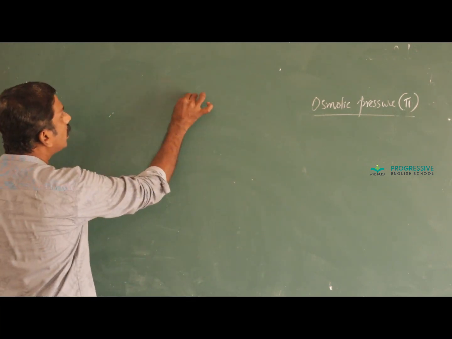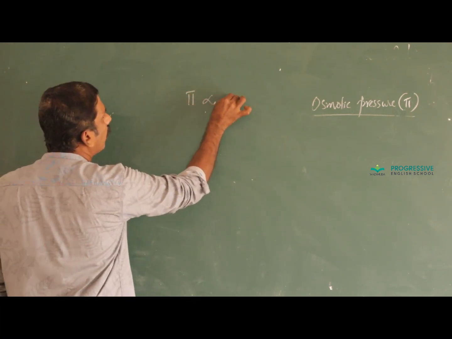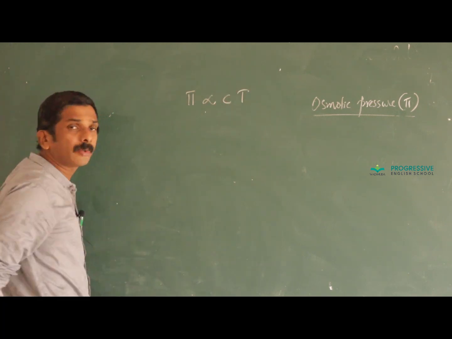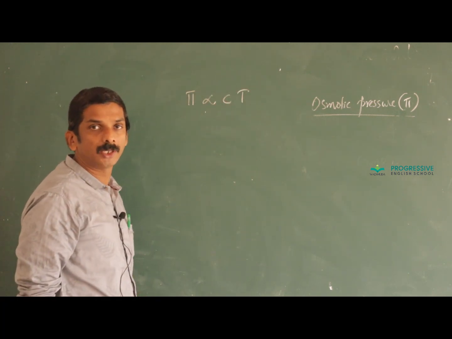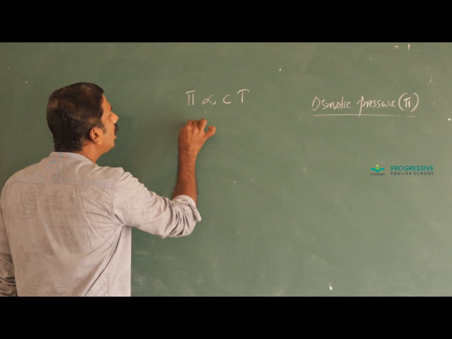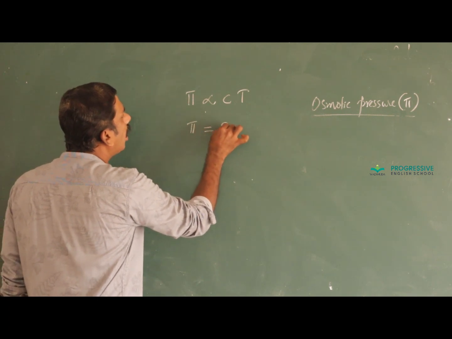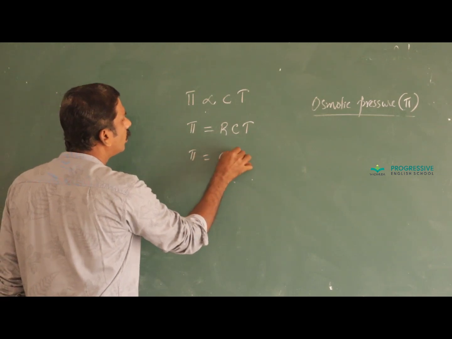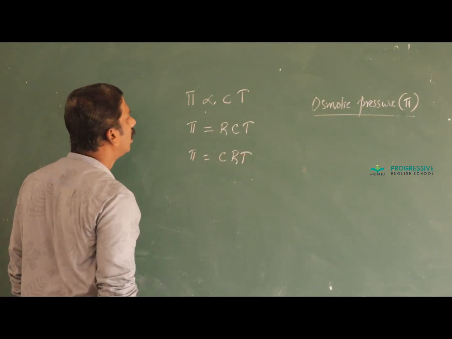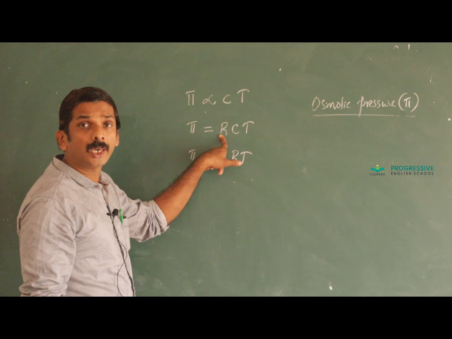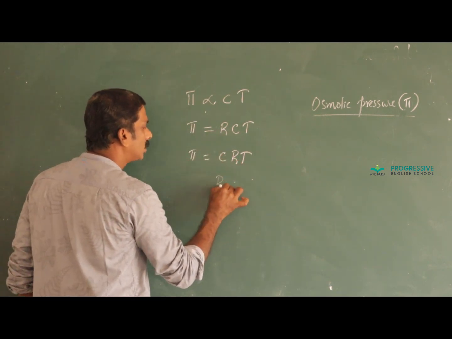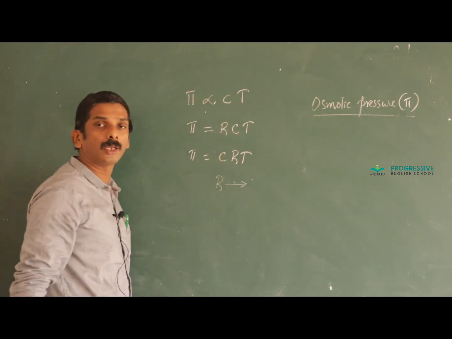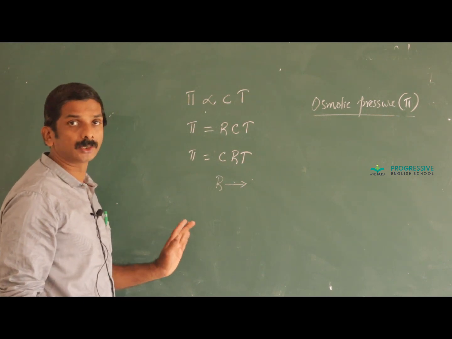Then the osmotic pressure pi is proportional to concentration as well as temperature. Pi equal to CRT. Here R is the proportionality constant, similar to the universal gas constant.